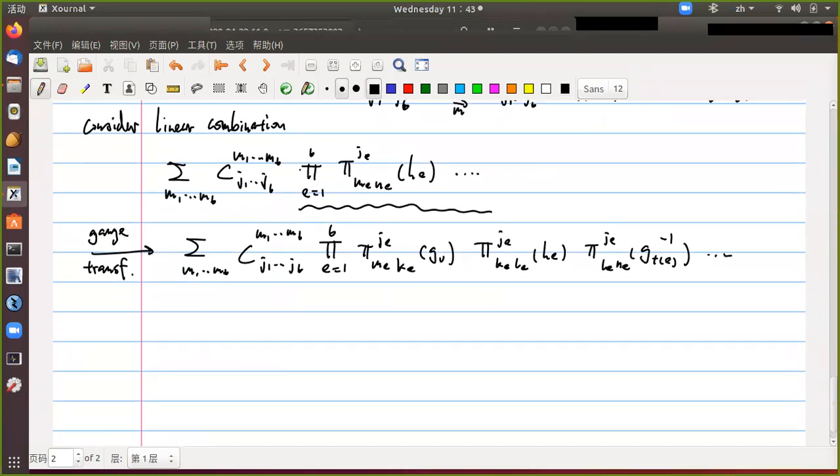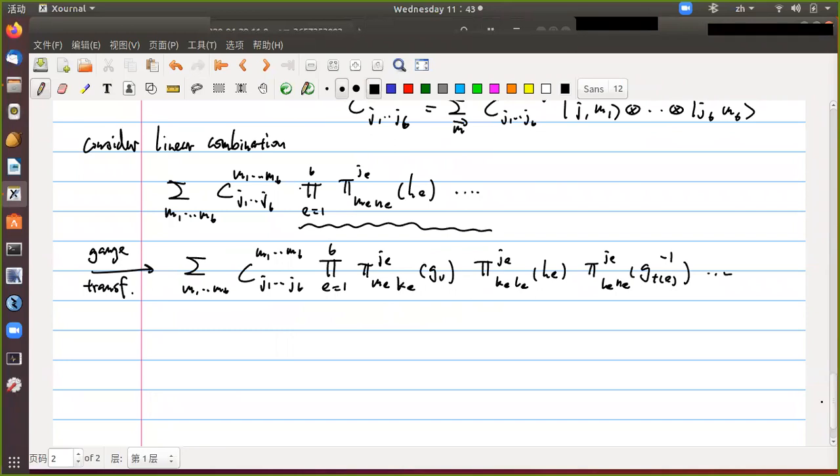Now you can see that at least you can make it gauge invariant at vertex v, if this quantity equals this quantity.